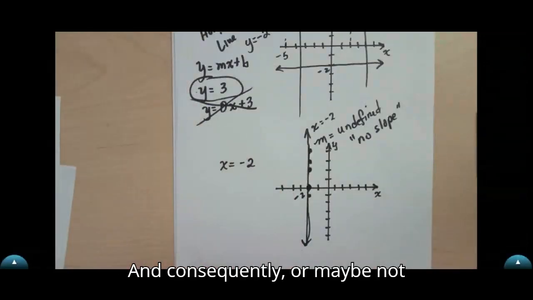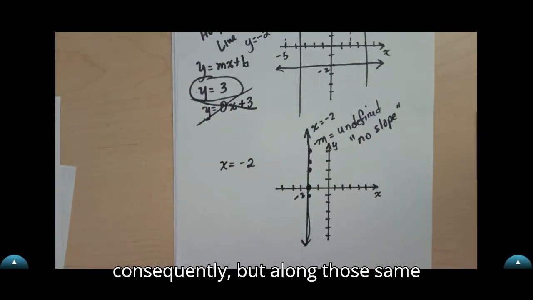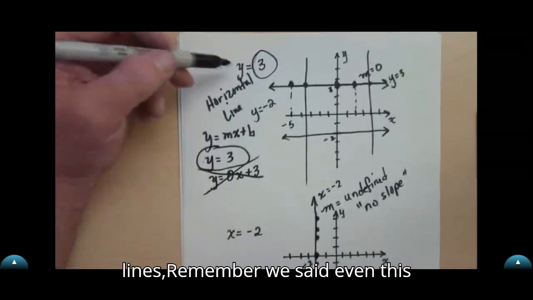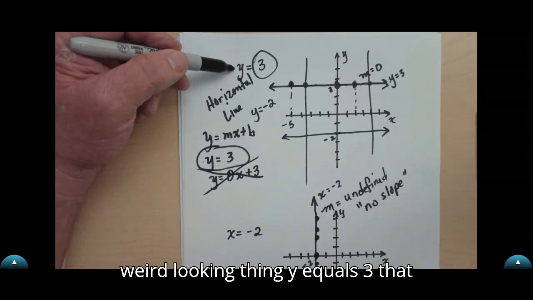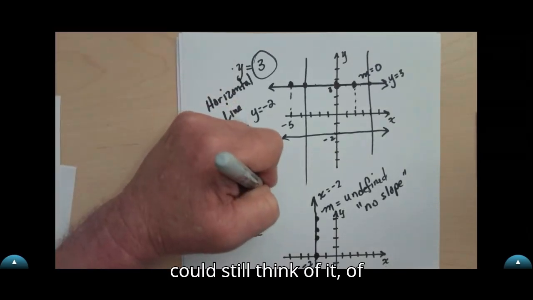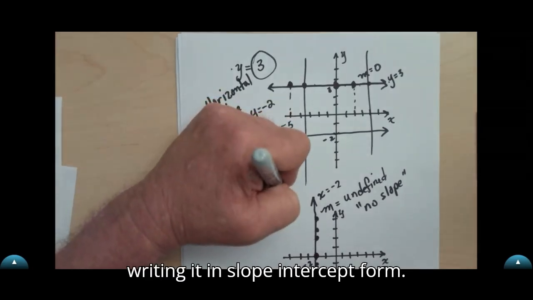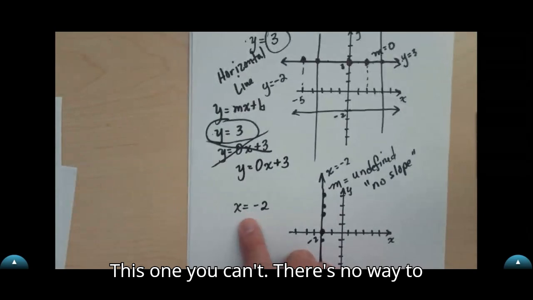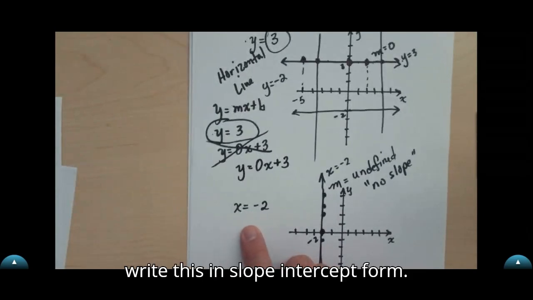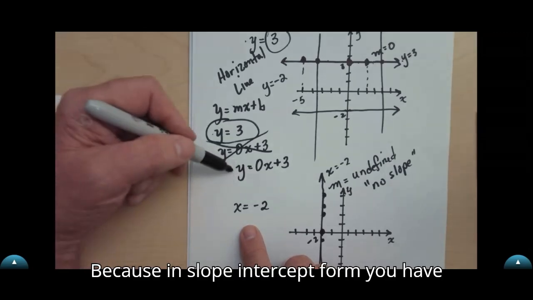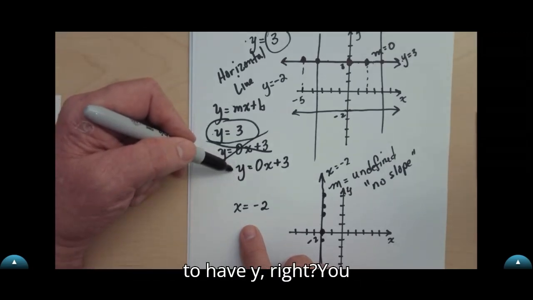And along those same lines, remember we said even this weird looking thing, y equals 3, that doesn't even have an x in it, you could still think of writing it in slope-intercept form. This one you can't. There's no way to write this in slope-intercept form, because in slope-intercept form, you have to have y, right?